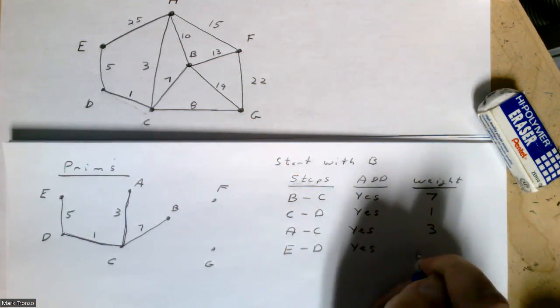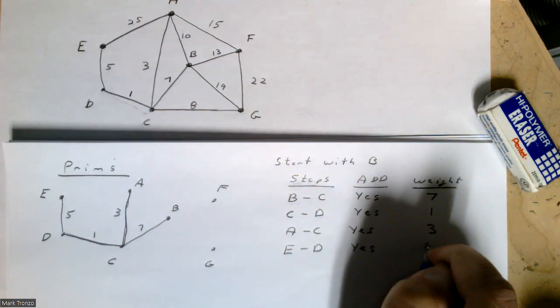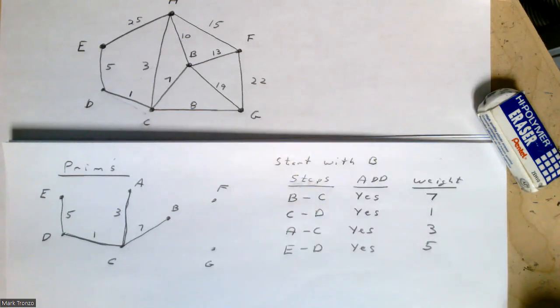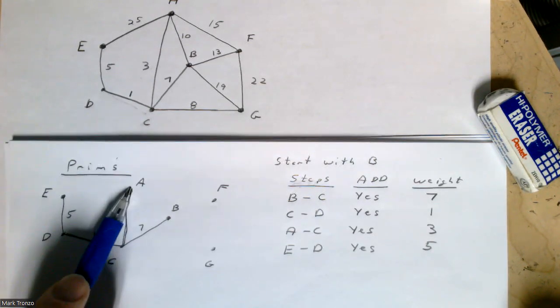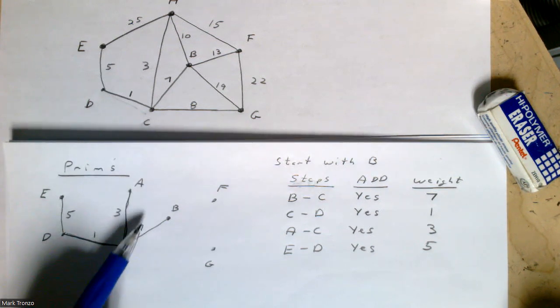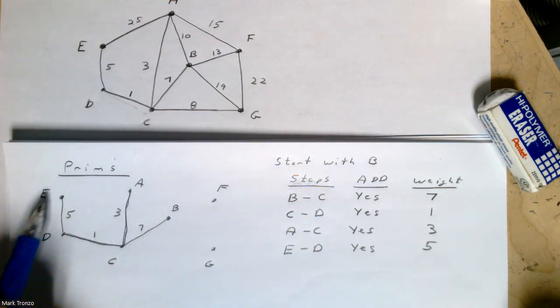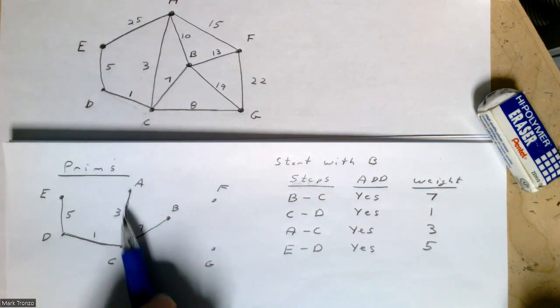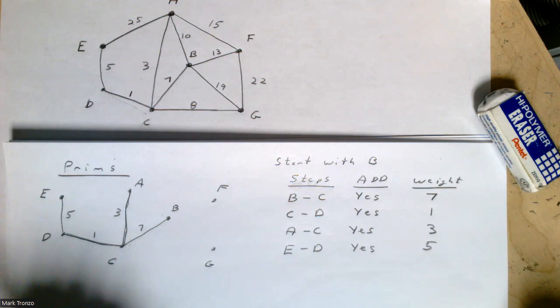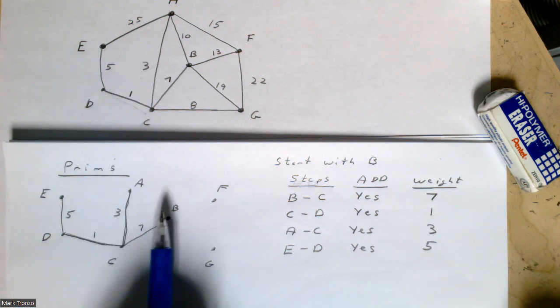And yes, that was a 5. So let's keep going. Consider these vertices we have, A, B, C, D, E. It just was a coincidence that it happened to come A, B, C, D, E. It won't always be in order like that.